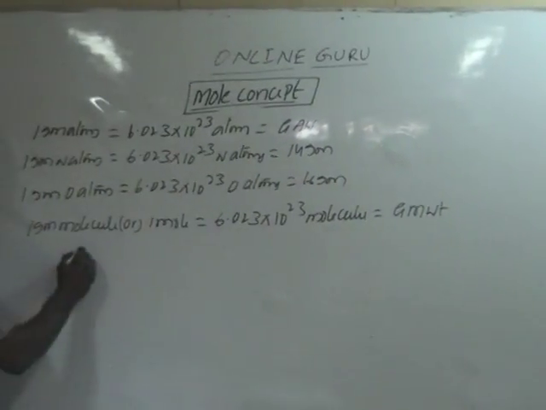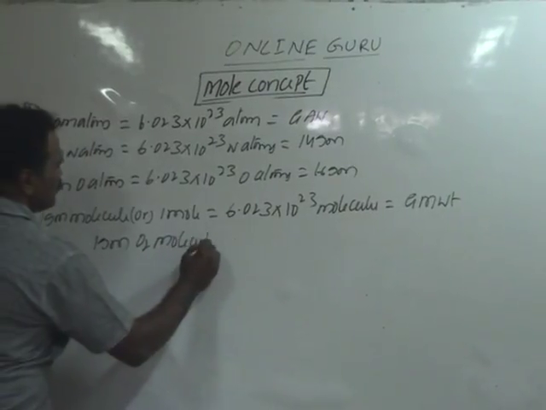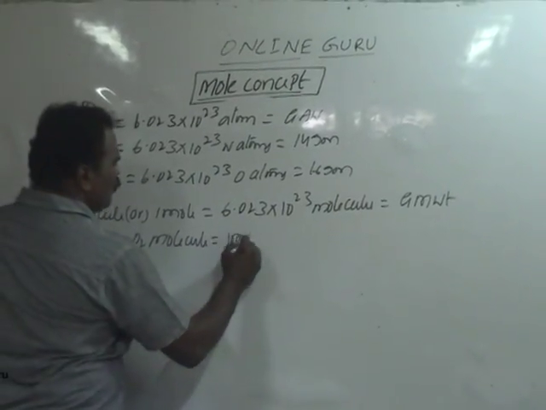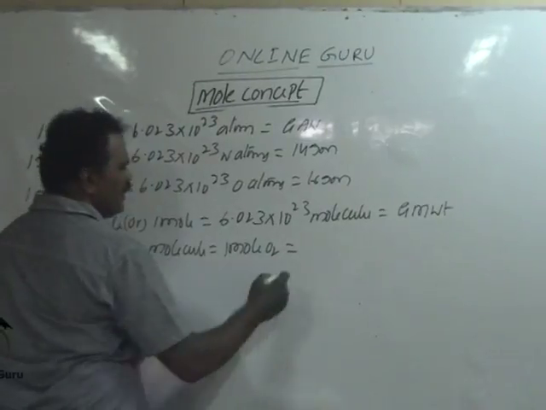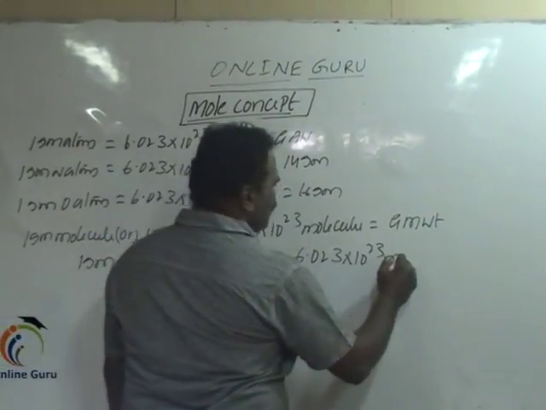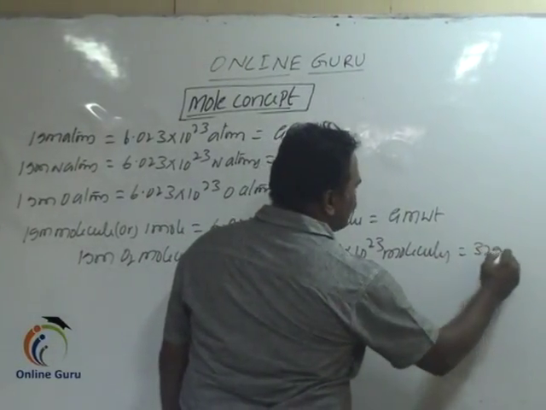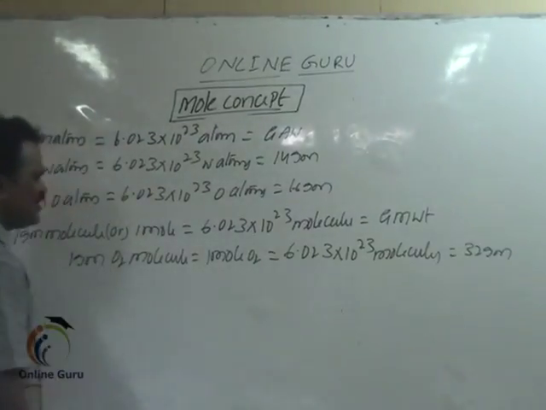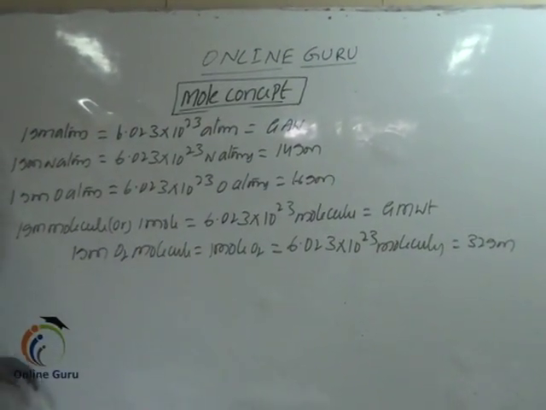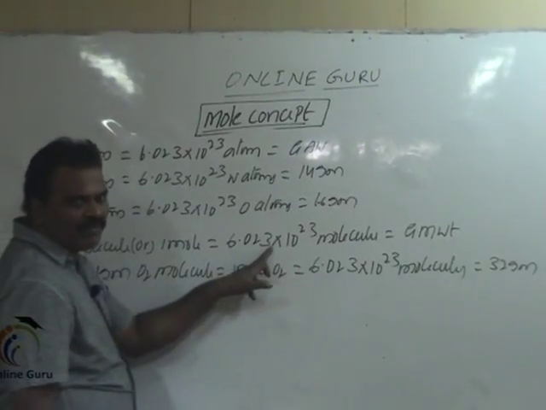For example, 1 gram molecule of O2 is equal to 1 mole of oxygen, that equals 6.023 into 10 power 23 molecules, that equals 32 grams. This is the basic relation to explain the mole concept. So 1 mole of any substance contains Avogadro number of molecules.